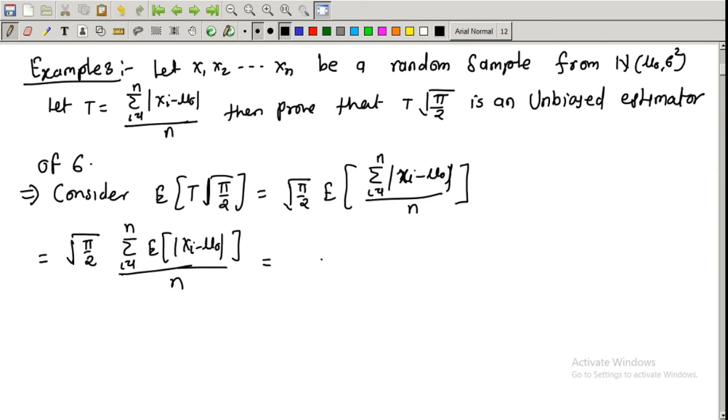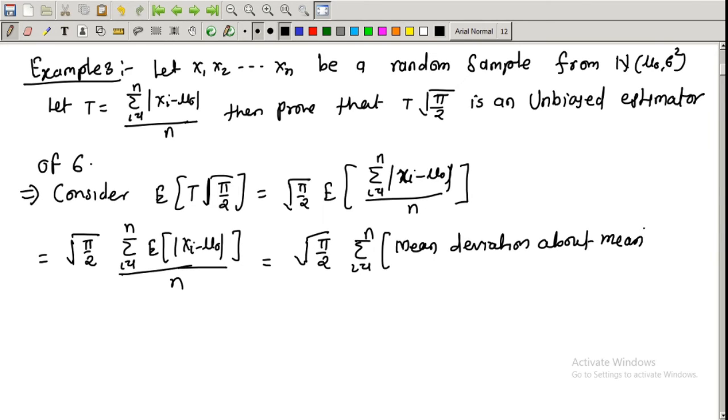You know the formula for that, under root pi by 2 summation i going from 1 to n, and this term is mean deviation about mean of this normal distribution, whole term divided by n.